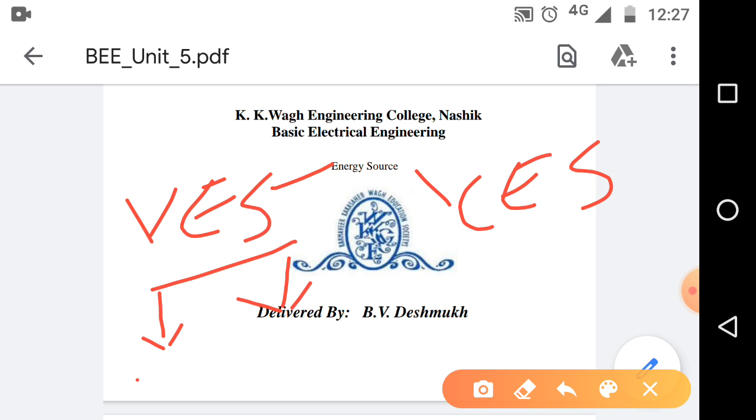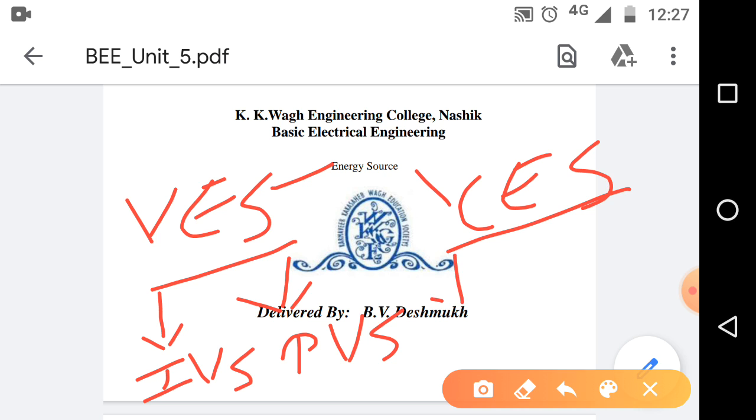One is ideal voltage source, the second one is practical voltage source. Similarly, current sources are again divided into two parts. One is ideal current source and the second one is practical current source.